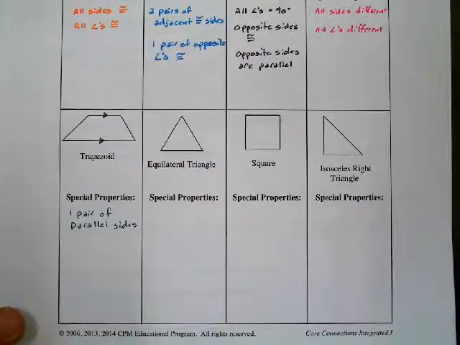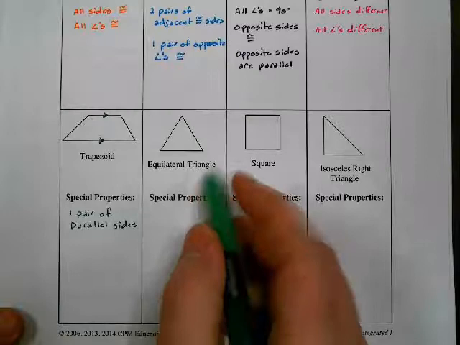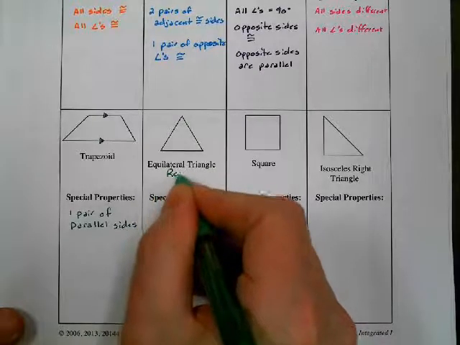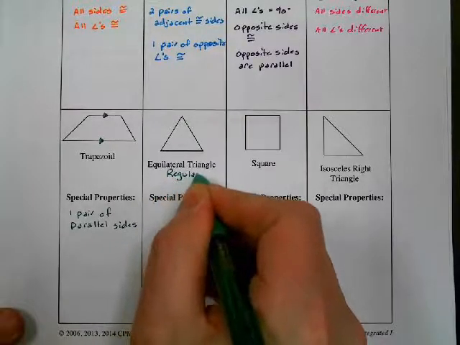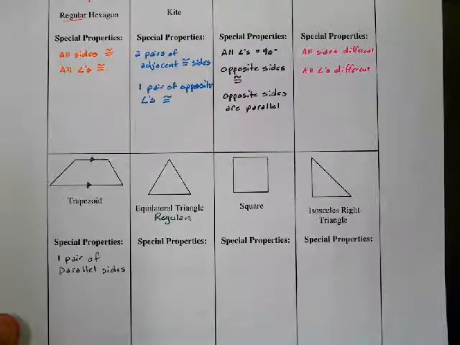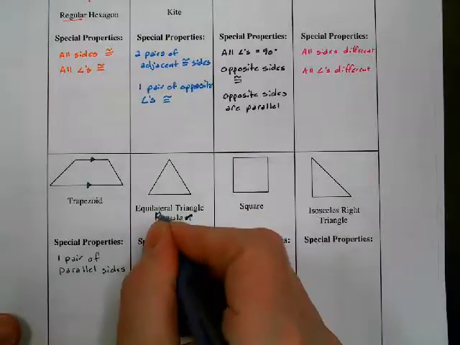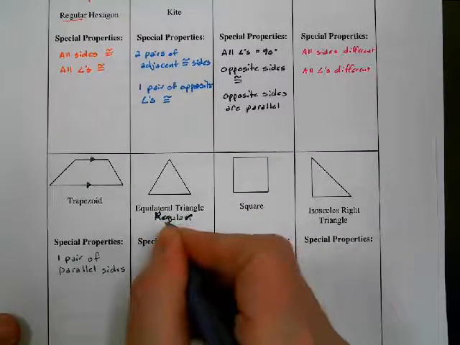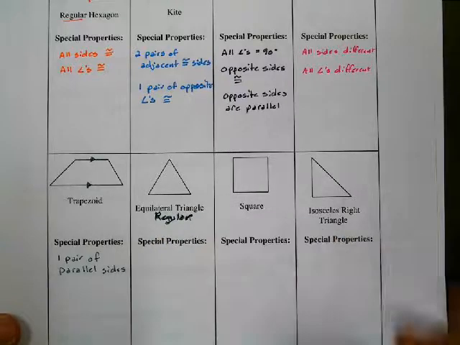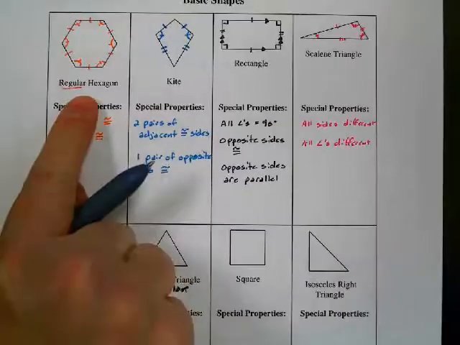Okay, equilateral triangle. An equilateral triangle is regular. Just like I said regular on the other one, a equilateral triangle is regular, just like a regular hexagon, where all the sides are congruent and all the angles are congruent.